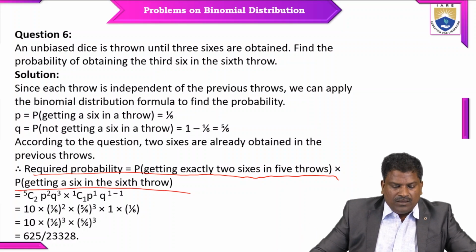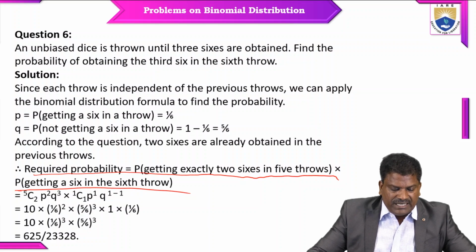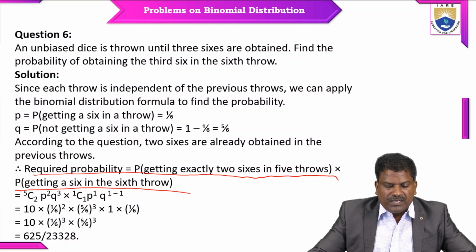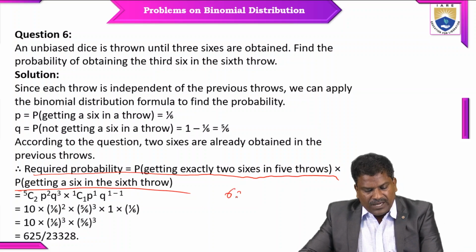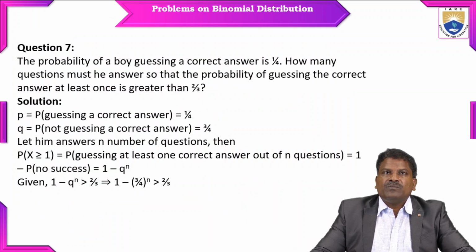Probability of getting exactly 2 6s in 5 throws is what? 5C2 into P square into Q cube. And P of getting a 6 in the 6th throw is 1C1 P to the power 1 into Q to the power 1 minus 1. So after simplification, it comes as 625 by 23,328.